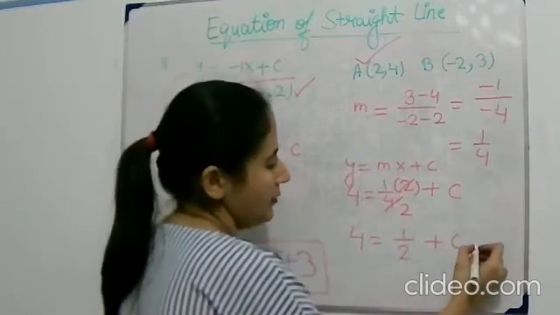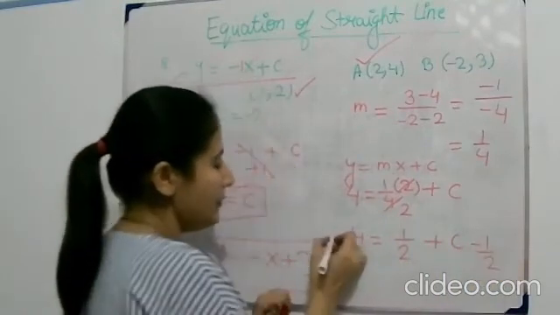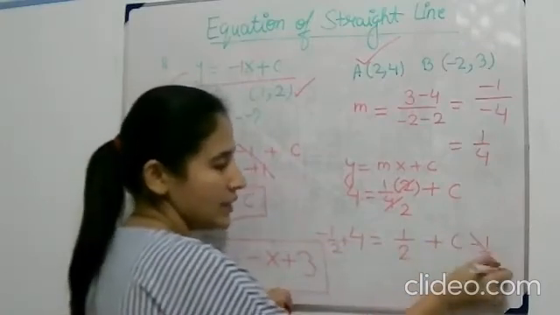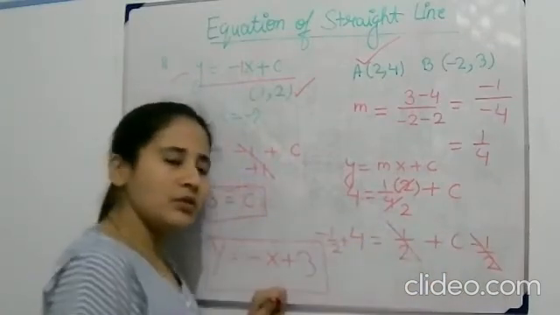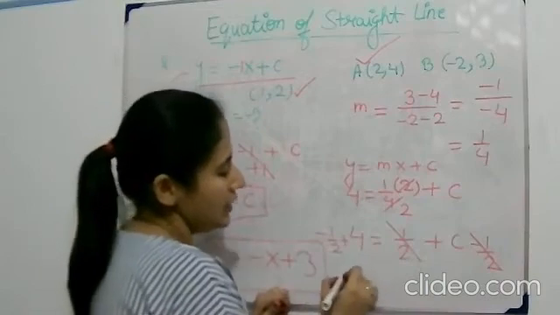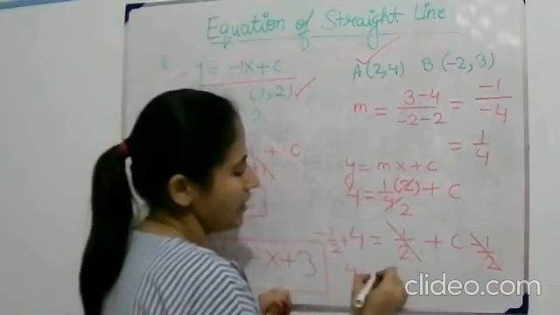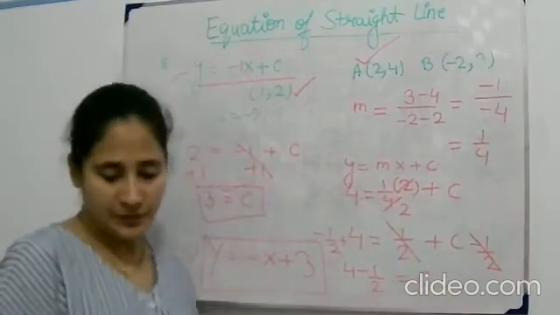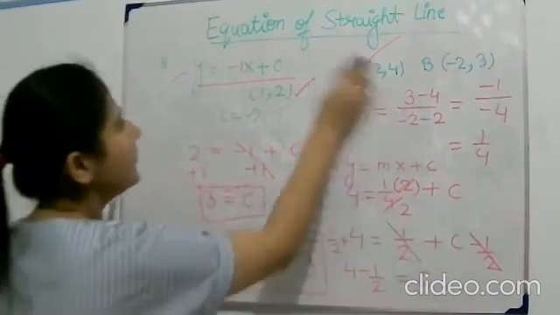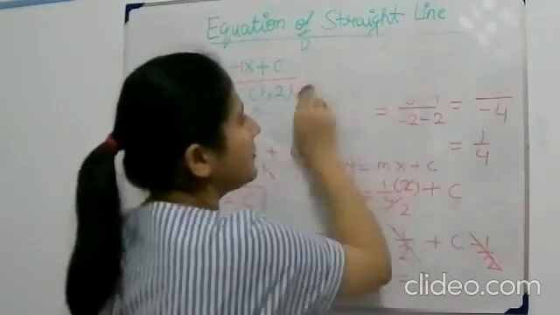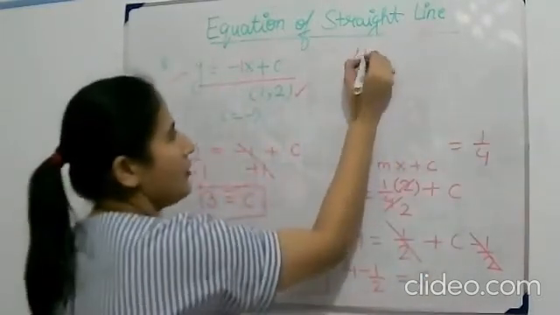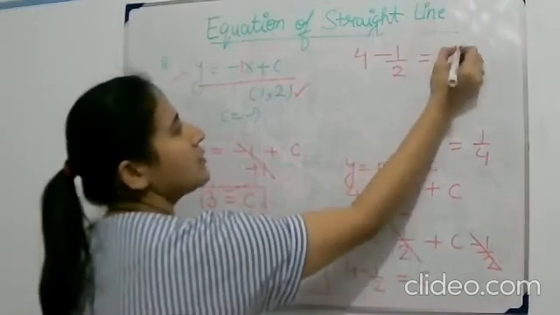Subtract 1 by 2 from both sides. Here it is 4 minus 1 by 2 is equal to c.